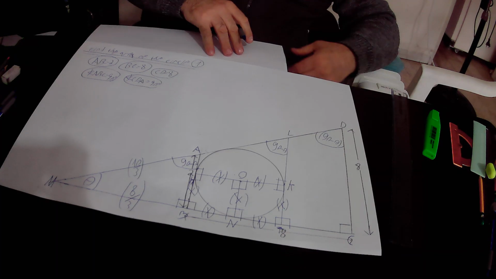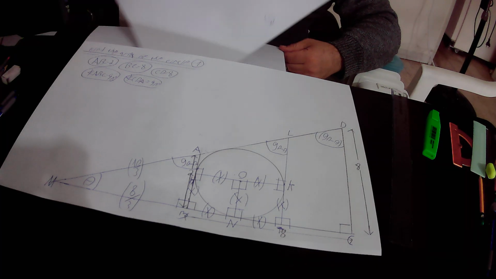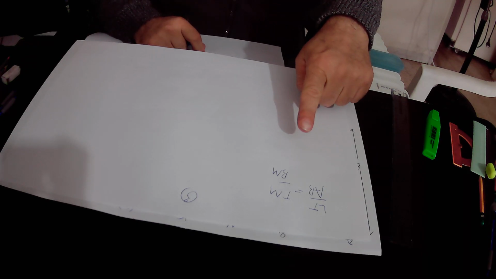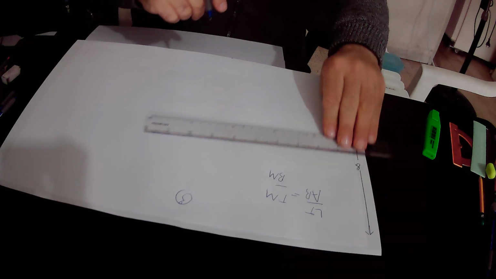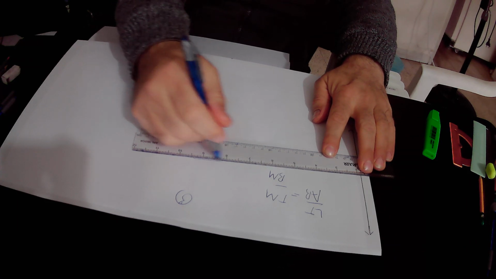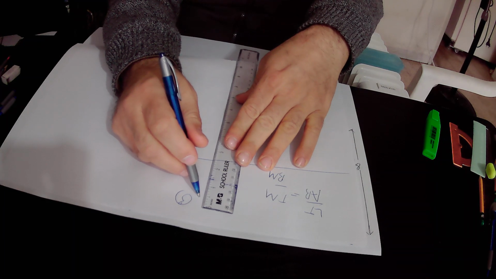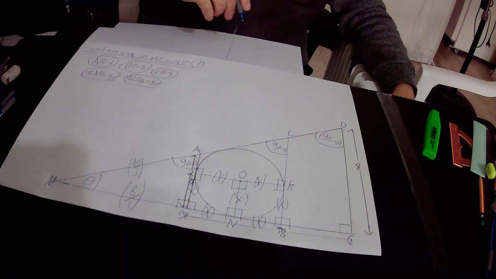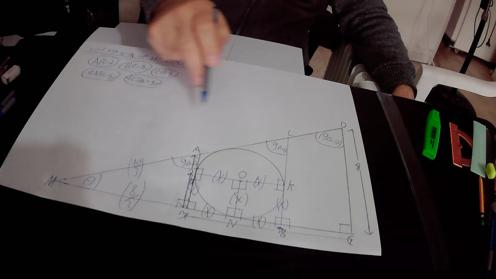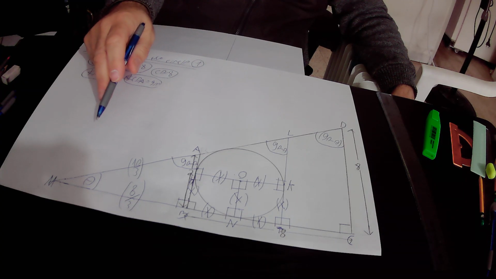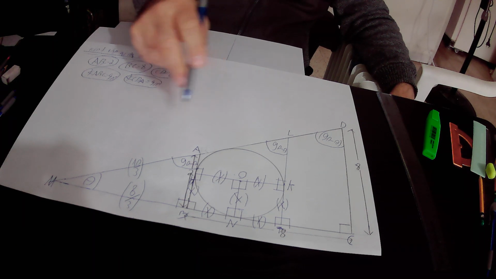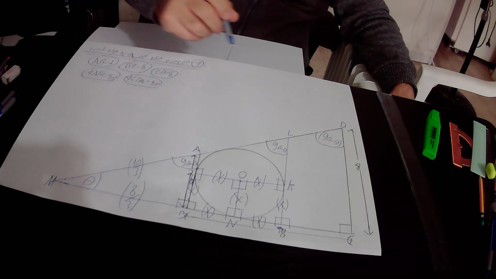Repeat again. We derive that LT over AB equals TM over BM, and it also equals side LM in the right middle triangle LTM over side AM in the right small triangle MBA.